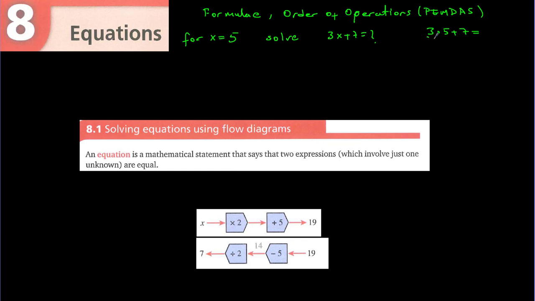After this part, we are going to use the help of order of operations. With respect to order of operations, 3 times 5 comes first because of multiplication and division. First addition, subtraction, later parentheses, exponent, multiplication, division, addition, subtraction. So 15 plus 7 is equal to 22.